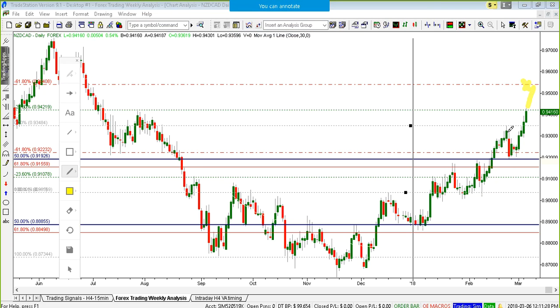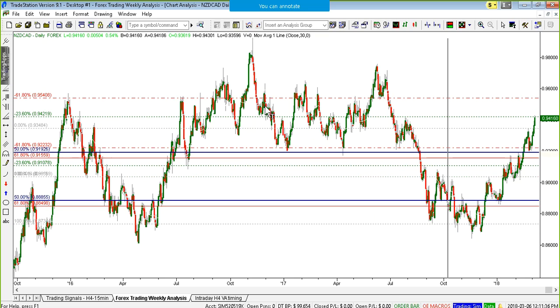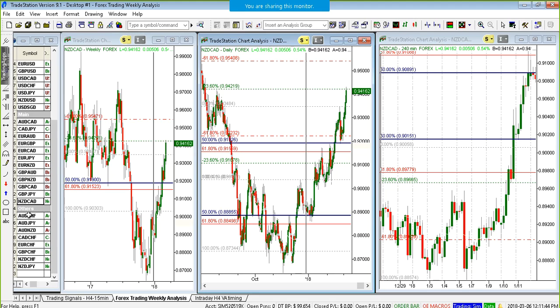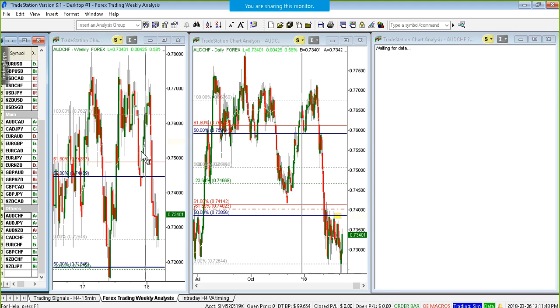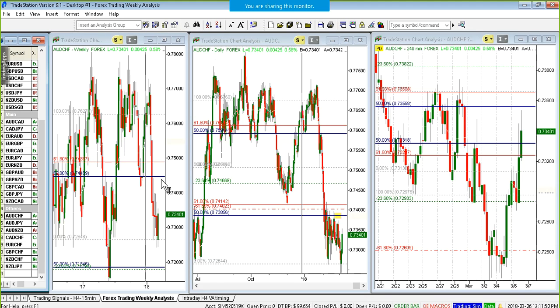We could see a continuation higher and then trade the next extension as this market continues its move higher. Okay, so very technical markets. That's the kind of traces and markets we want to look for when they are very technical. The levels are respected, and it's easy to time these markets.